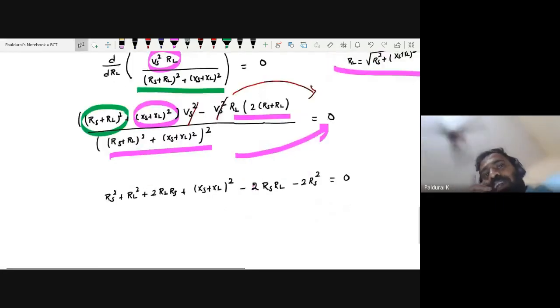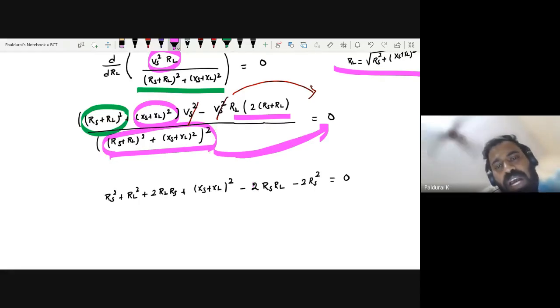Any doubt? I have done 2-3 steps in one step. Just understand by yourself. Can you understand, or do you want me to write all the steps? I moved this term to the right hand side, it becomes 0, and I took Vs squared as common.